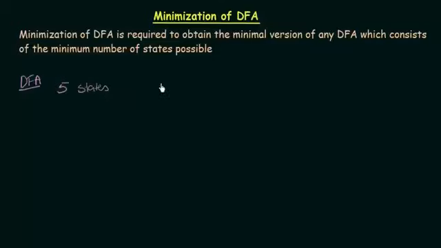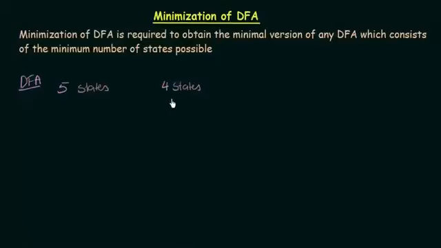Alright, and your friend designed the same DFA using 4 states. Both the DFAs are correct, both the DFAs perform the exact same task, but one of them is designed using 5 states, another is designed using 4 states.